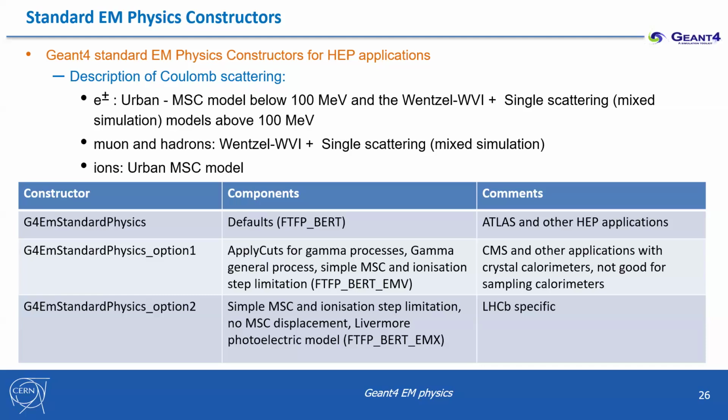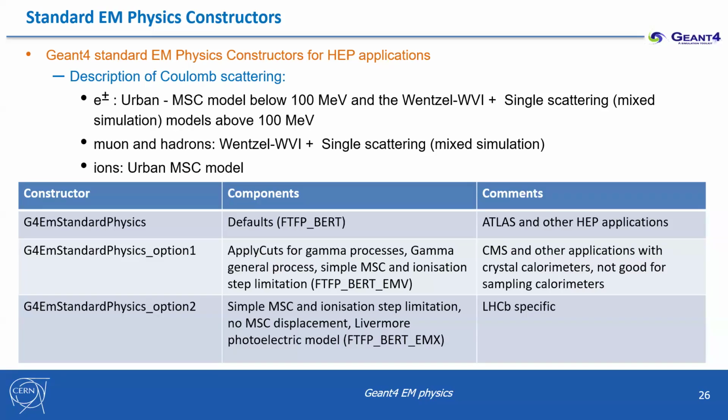For HEP applications, we have 3 options. G4EM standard physics is our default. It is included in many physics lists which are in Geant4 distribution. And for example, Atlas and some other experiments use directly this EM standard physics.